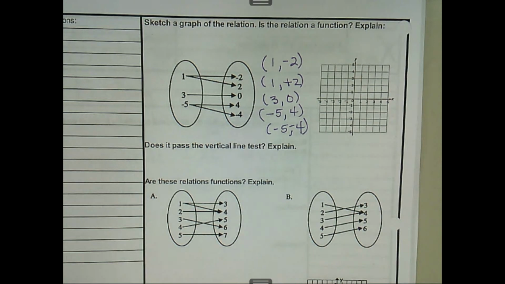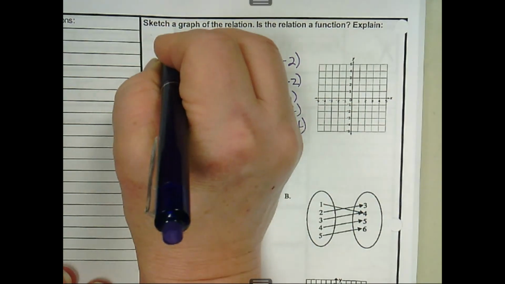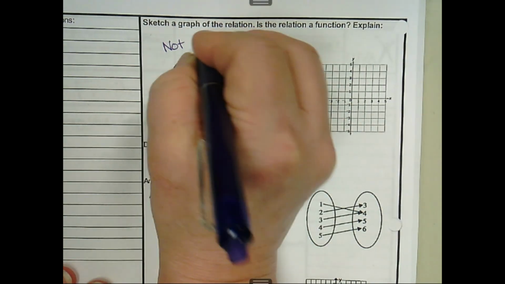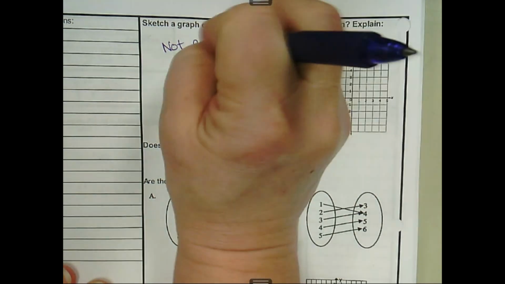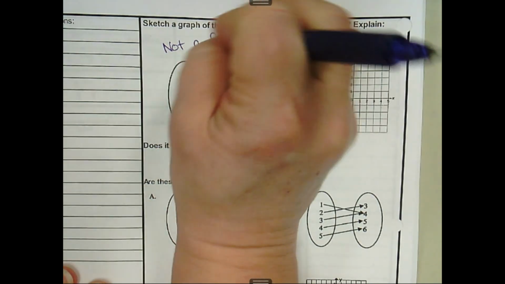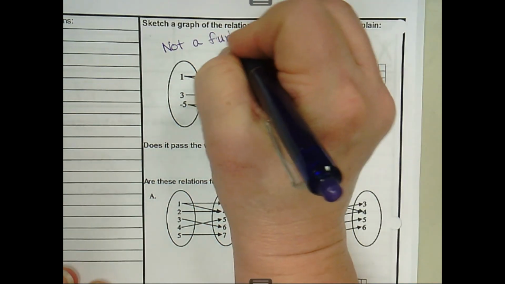So look at those, and now that you know how to read it, is it a function? No. So as we're looking at this, remember, if that x value repeats, it is not a function.